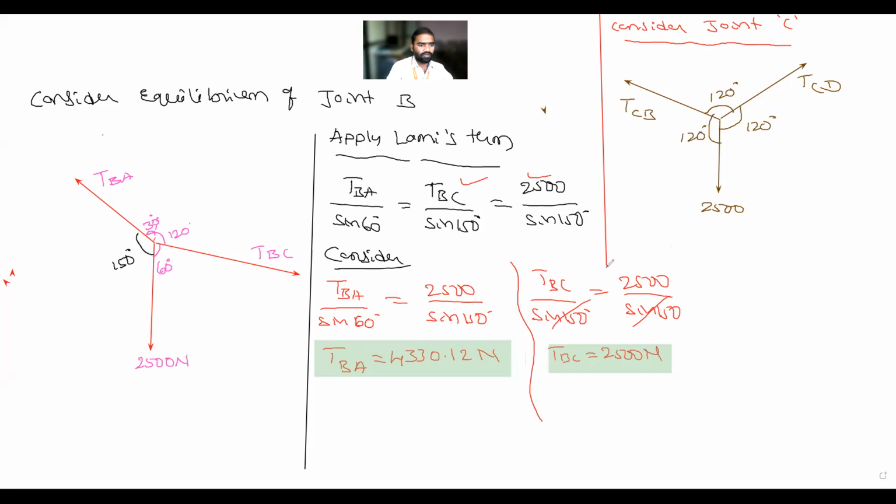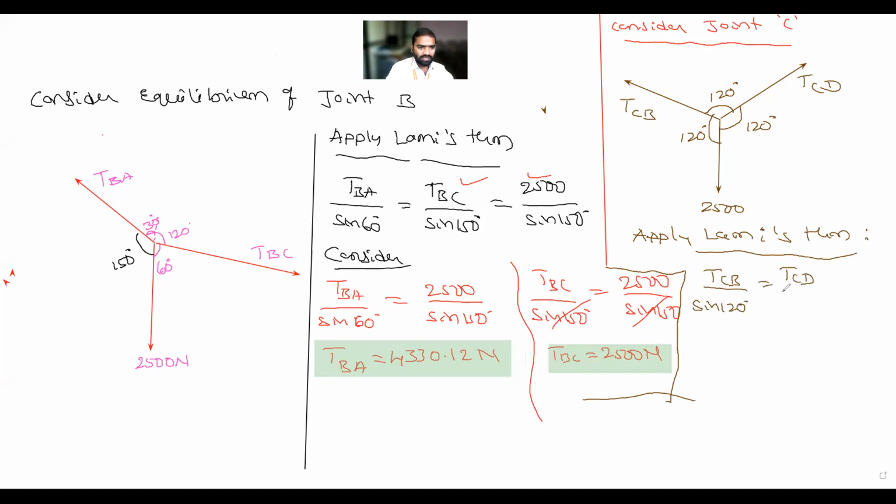Then you have to apply Lami's theorem again. When all the angles are the same, what will be the answer? Tension in member CB divided by sine 120 degrees, then tension in member CD divided by sine 120, is equal to 2500 divided by sine 120.